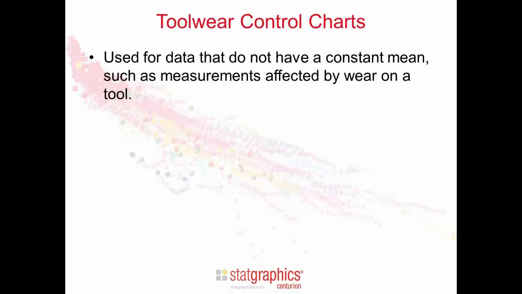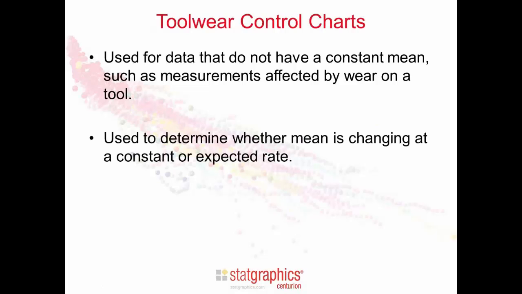Toolwear charts are used to determine whether or not the mean in the measurements is changing at a constant or expected rate. We can also put specification limits on our Toolwear chart to help determine when the tool should be changed.